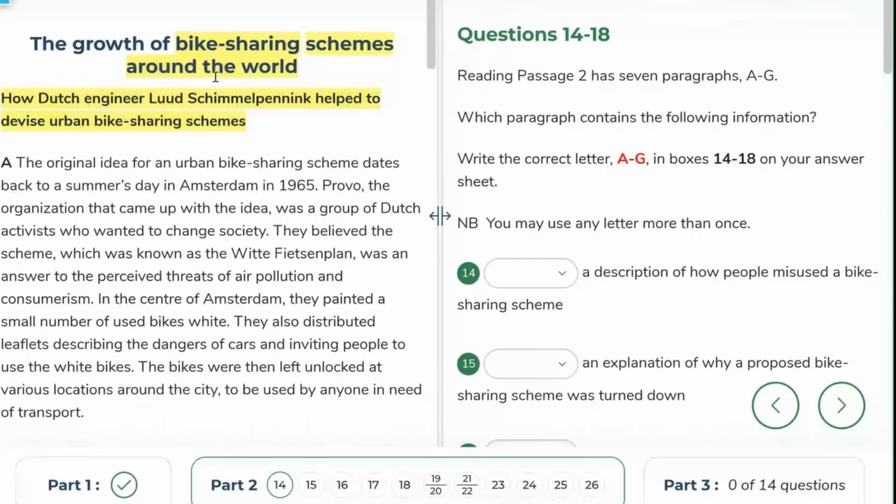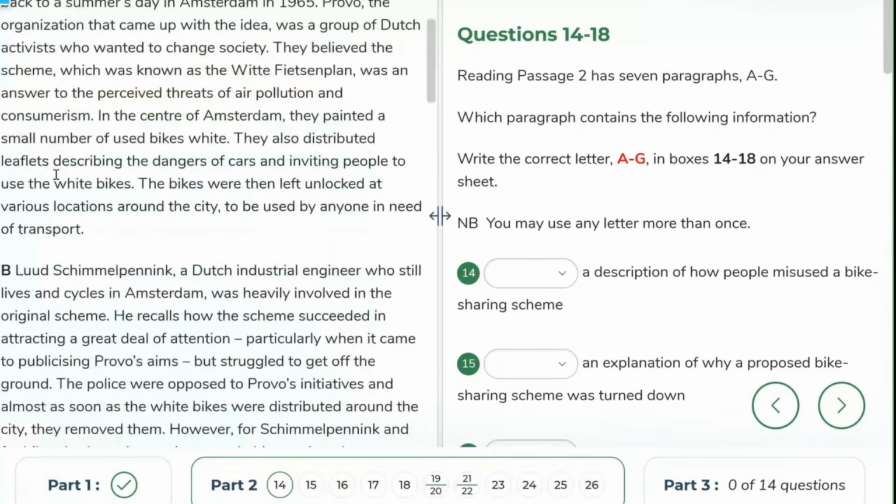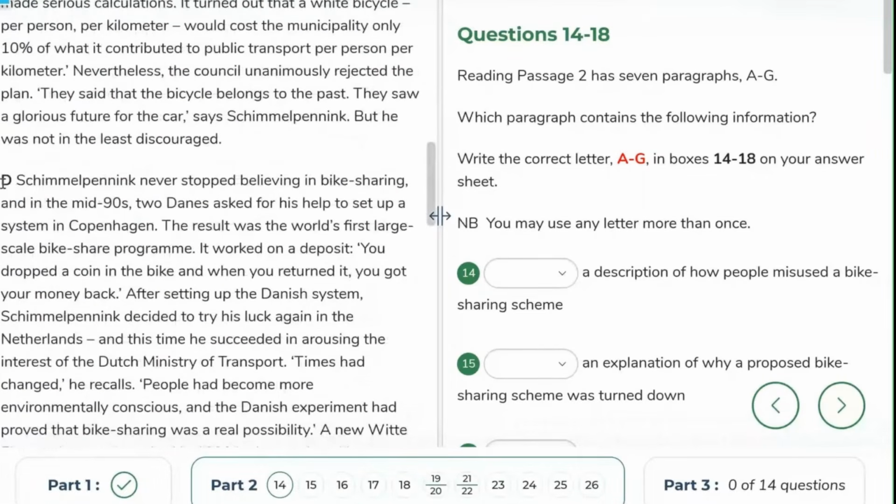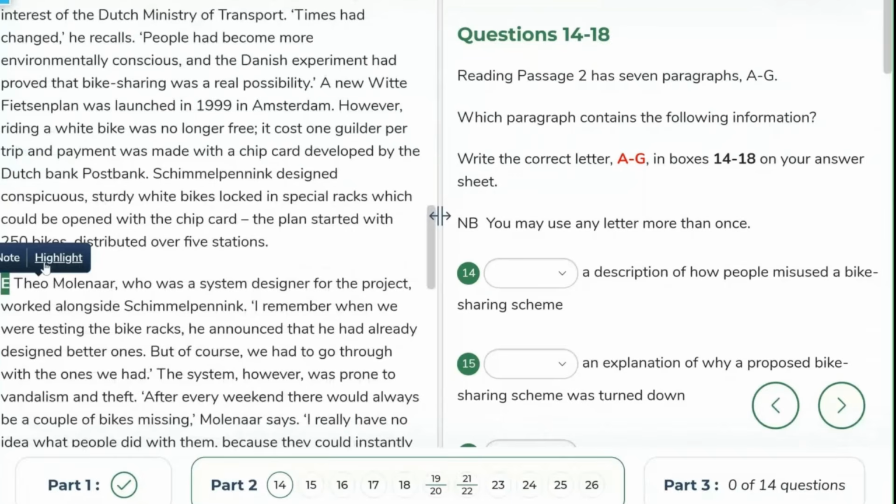And the bad news, you can see the passage is labeled A, B, C. Whenever the passage is labeled, there will be 2 types of questions. One is list of headings, and second is which paragraph contains the following information. Both question types are type B. Type B means questions and answers are not going to be in order.